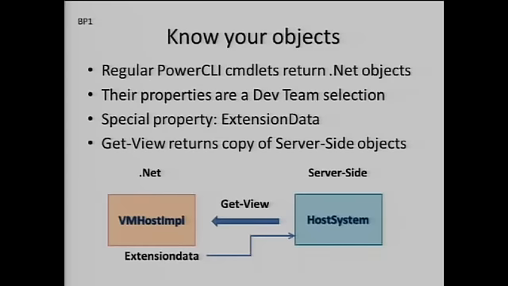So if I do a Get-VM, I'll get a virtual machine object back. And in that object, I will get stuff like the name, how many hard disks it's got, the CD-ROM, the kind of stuff that you would expect to see in there. But it doesn't include everything. Everything is inside this server-side object.